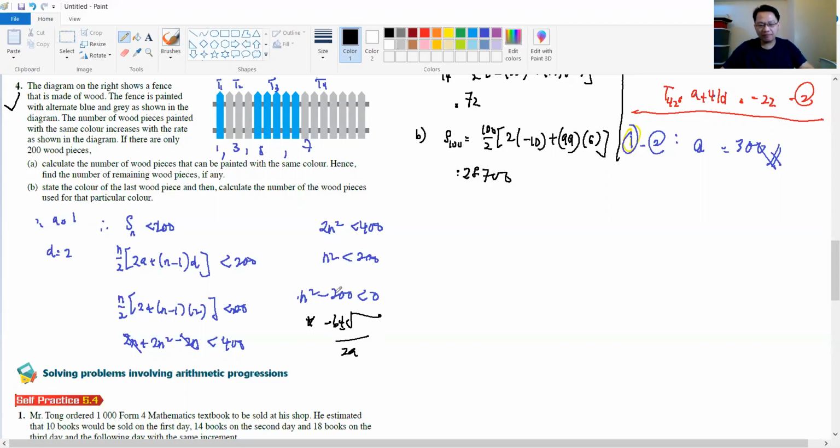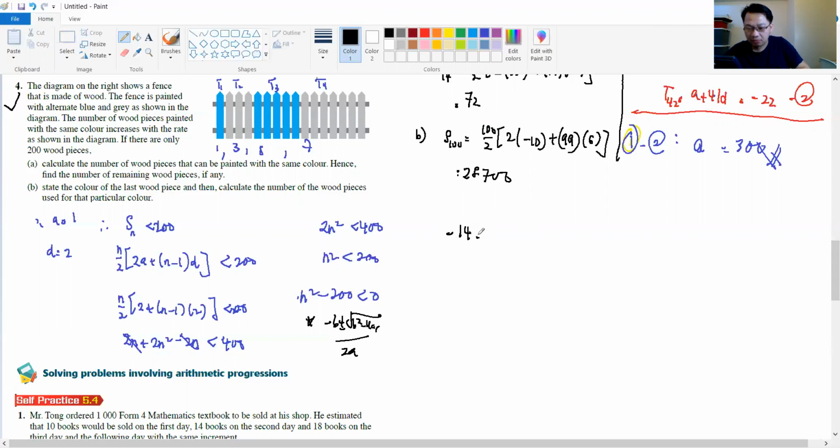Okay, so you substitute everything, negative b plus minus square root of b squared minus 4ac over 2a. Then I just want to calculate the final answer here. The roots, you are supposed to get 0, negative 200.